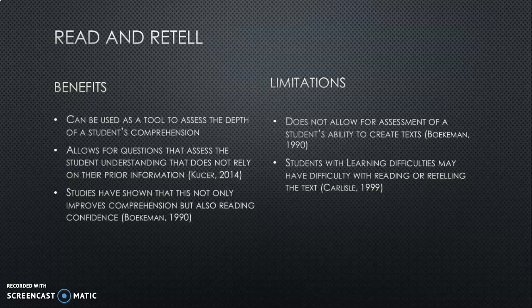So if in the text there's a spider, we're going to be asking what size is the spider? We don't want a kid to say, oh, the spider's small, just because a spider is generally small. We want them to look at the text to figure out why that spider is small. And studies have shown that this particular type of assessment improves comprehension and reading confidence within the student.